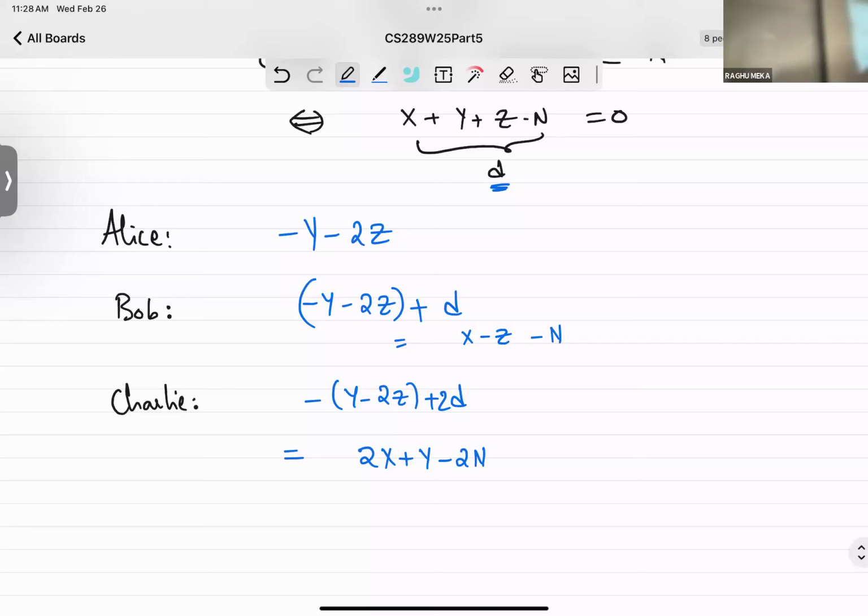Same for Alice, Y and Z. Of course, we have one annoying issue that these numbers can potentially be negative, so let me offset them by putting 3n here, so that every number is non-negative.